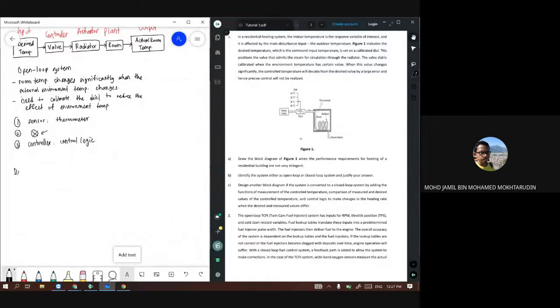So first is desired temperature. And then we will go to the circle with cross. And then we go to maybe control logic. So whenever there's a difference between the temperatures, the control logic will calculate the difference, okay? And then it will change the position of the valve based on the error calculated.